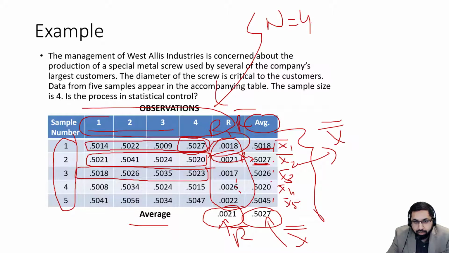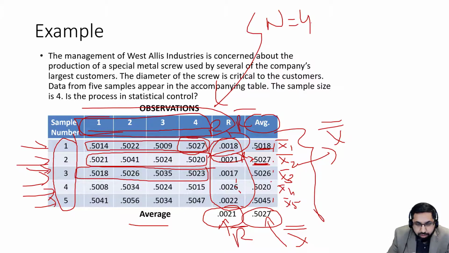Sample size is the number of observations in a sample. You cannot count things not in the sample, and it's not the number of samples, so it's not each row gives you a new sample. So 5 is the number of samples, but each sample is 4 observations, n equals 4.